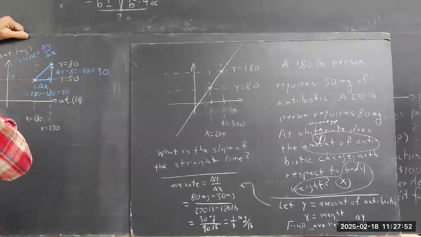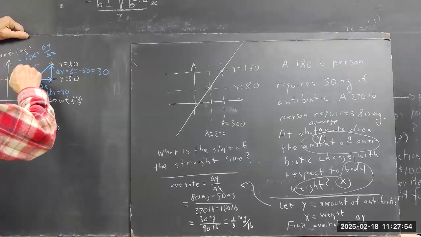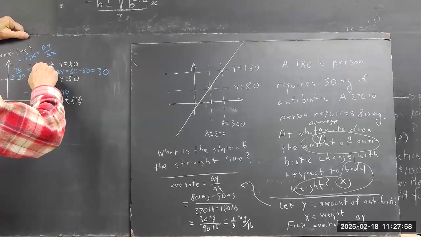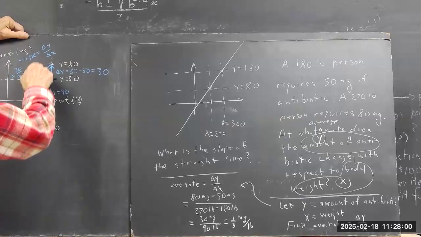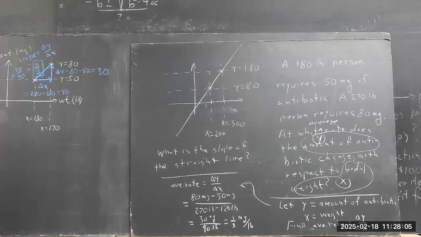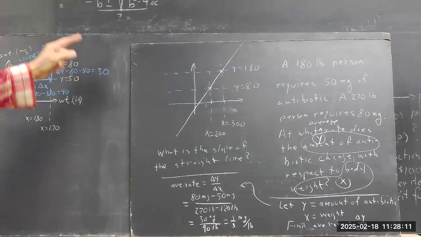Equals 30 over 90 equals 1/3. This line, right? The hypotenuse.